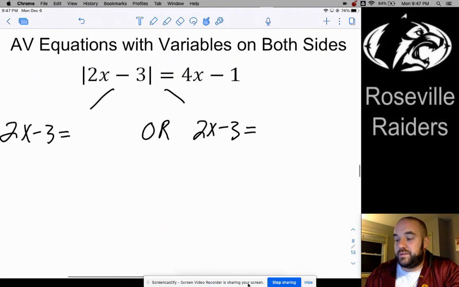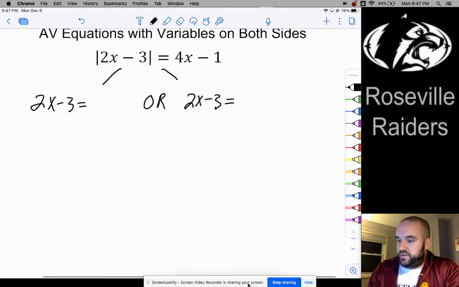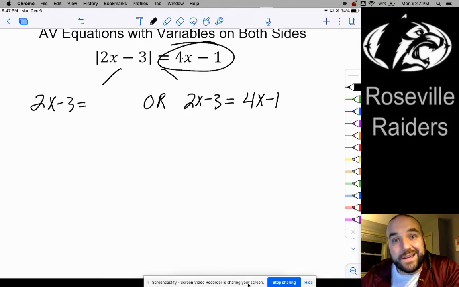The problem is 4x minus 1 isn't a single term. It's actually two terms, right? 4x and minus 1. So one of my equations is going to use the exact same thing, 4x minus 1. But the other equation is going to be the opposite of 4x minus 1. Now, what is the opposite of 4x minus 1? It is just the opposite of each term individually. So what's the opposite of 4x?